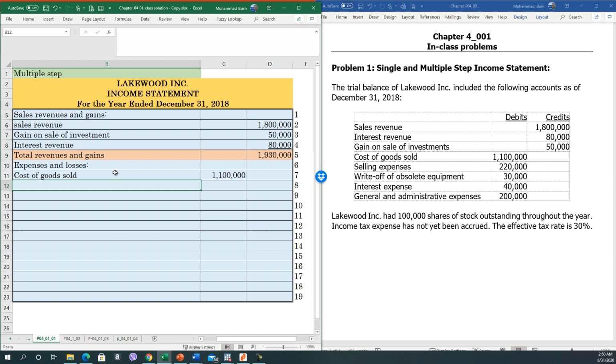Then we have selling expenses, that is 120,000. Then we have general and administrative expenses, which is 200,000. And then we have interest expense, which you can see is 40,000.